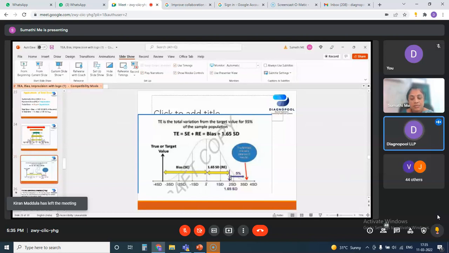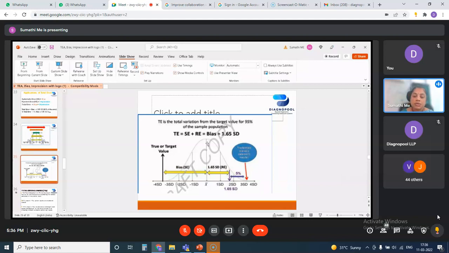Ma'am, can you explain only this step again, ma'am? Yeah. See, when we are calculating the total error, we are calculating the bias as well as the dispersion part, that is the random error.